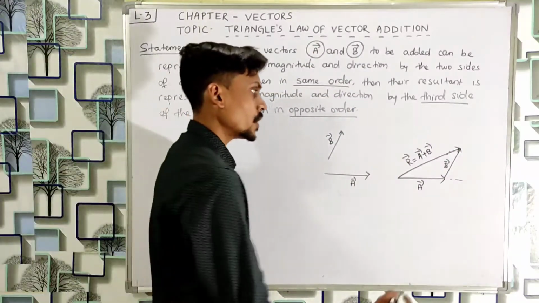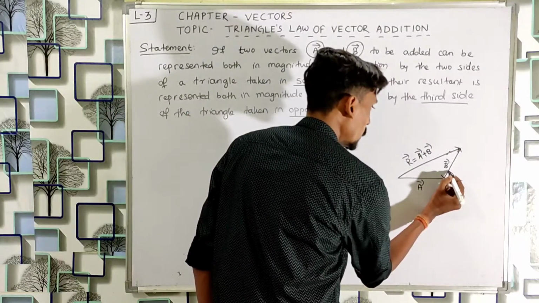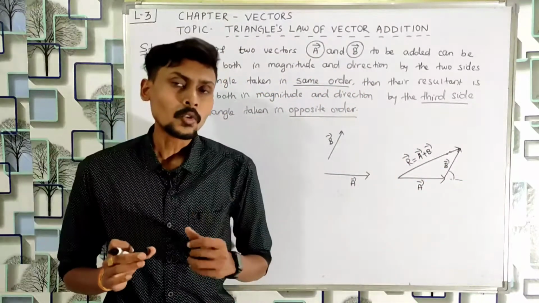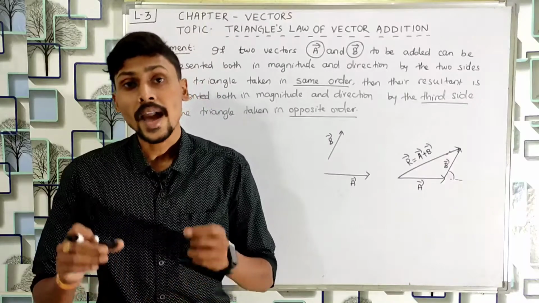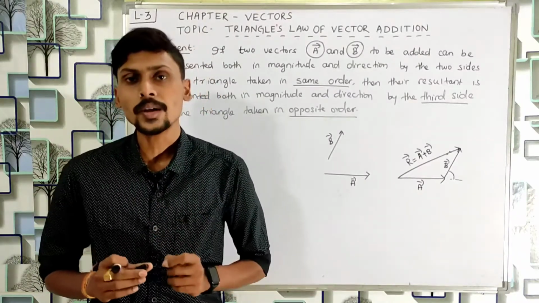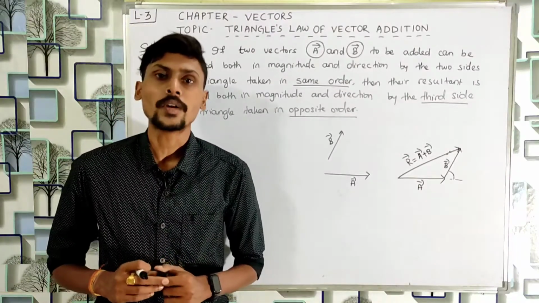The answer will be this is the angle between the two vectors, not this one, because angle between two vectors means the angle between the directions of the two vectors.